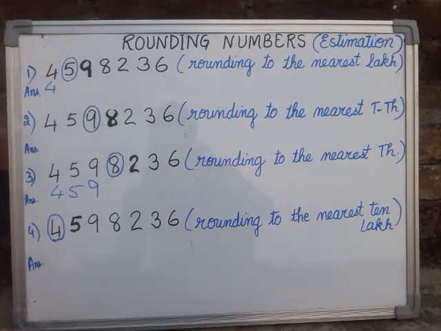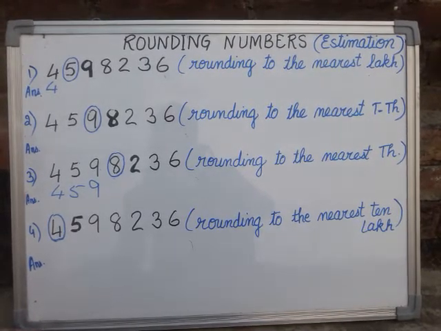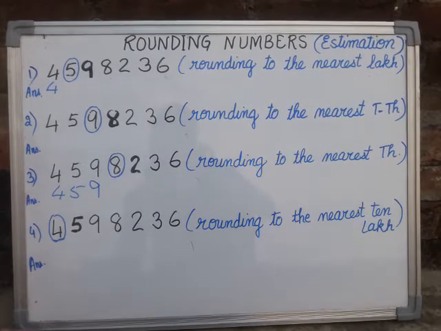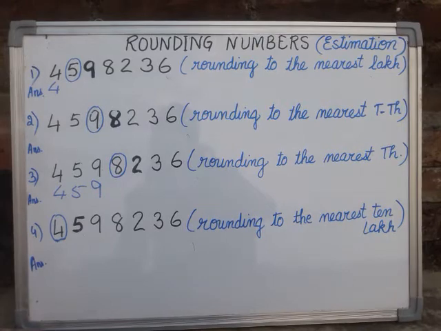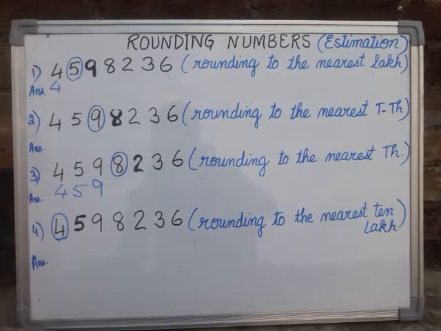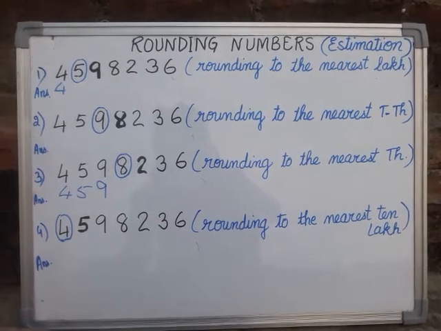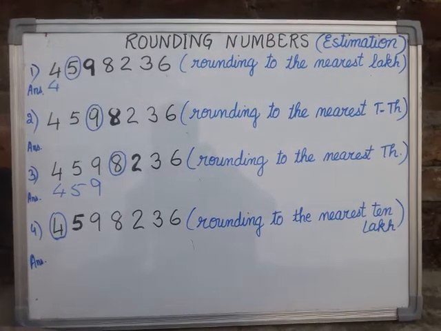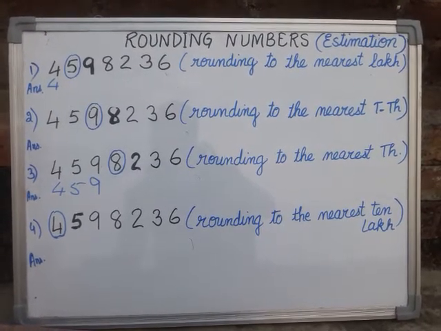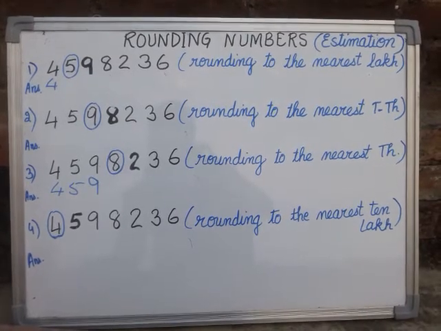And all the numbers at the right side become zeros. Third step, children: if this number at the right side is less than 5, then the number at the required place remains the same and all the numbers at the right side become zeros.